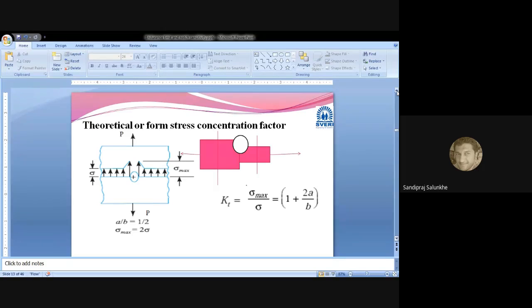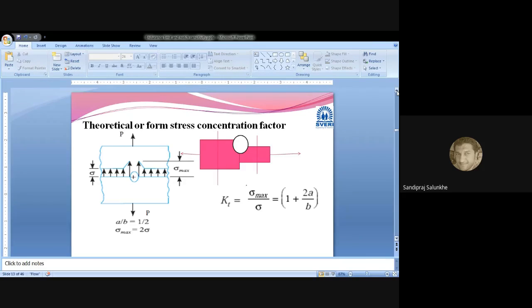SE is nothing but the actual endurance stress value which we are going to use for the calculation, and that we have to find out from the SE dash. The SE dash is the value which we find out from the experimentation of standard specimen.